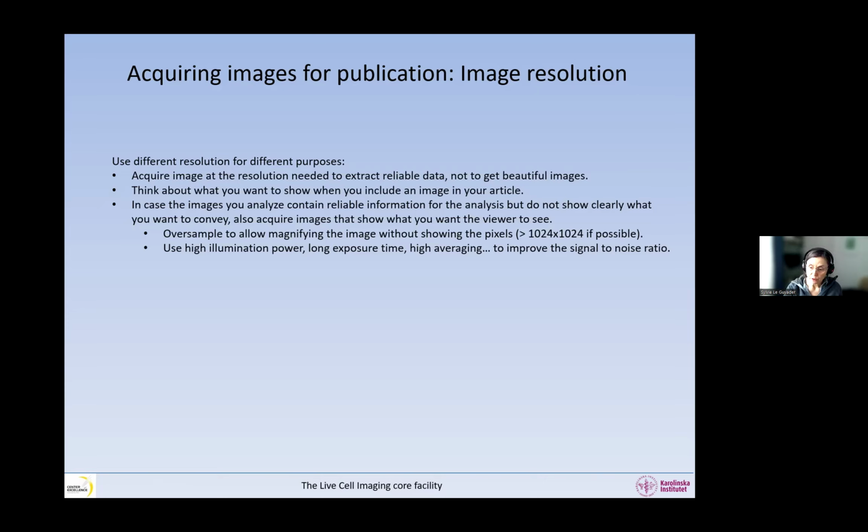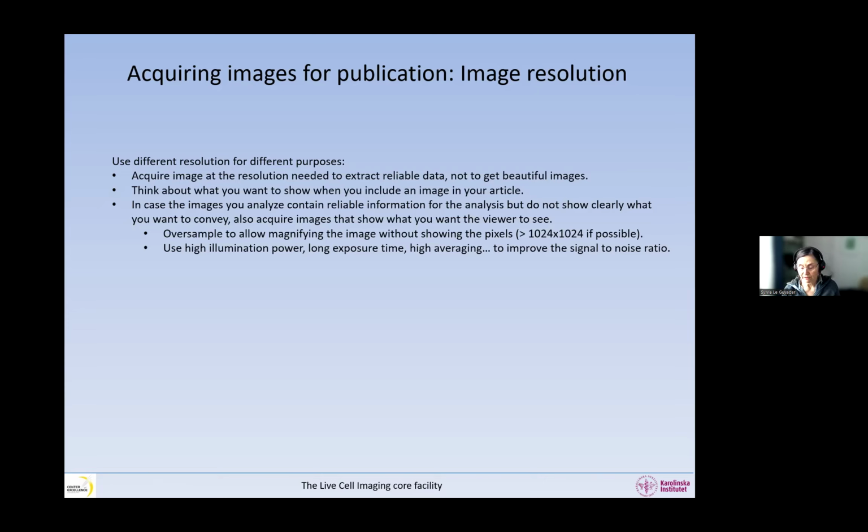If, however, you want to say this is a representative image, but the noise is hiding what you want to show to the person who reads the article, then it's totally okay to acquire the images in a different way, as long as you explain it in the materials and methods. It's not an issue.